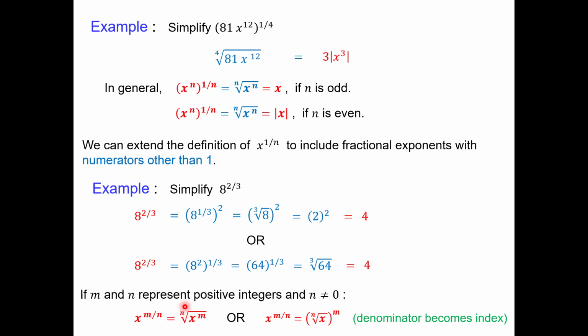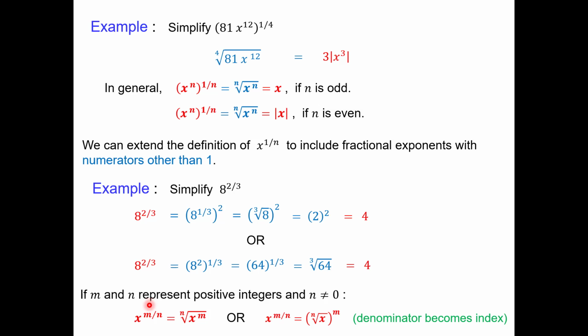Okay, so you can rewrite it either way here. What's going to stay the same, let's start there, is that the n, the denominator, is the index, so it's the nth root. Now the optional part is where you place m.